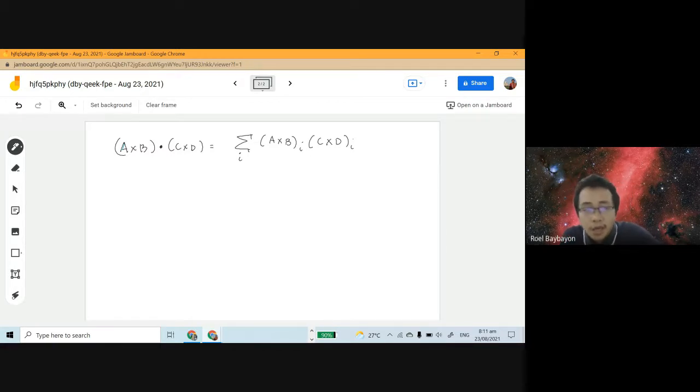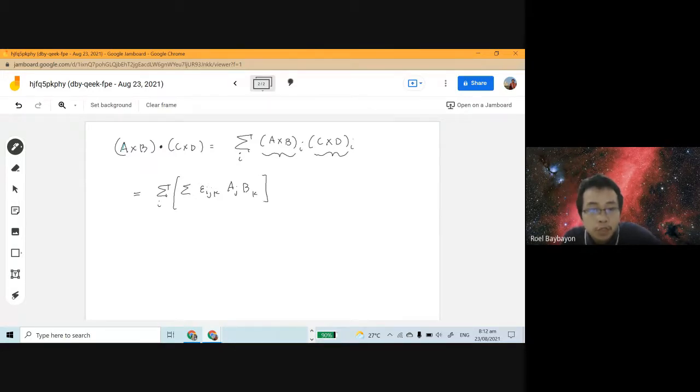And also, we have these components of a cross product. This is also a component of a cross product, and this can be written in terms of the Levi-Civita symbol. So I have the summation over i, and then this (A cross B)_i is just a summation of epsilon_ijk A_j B_k.